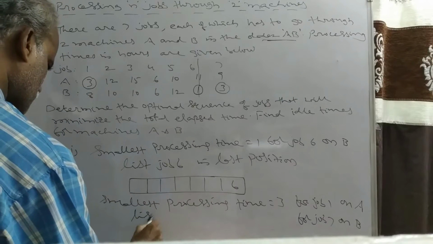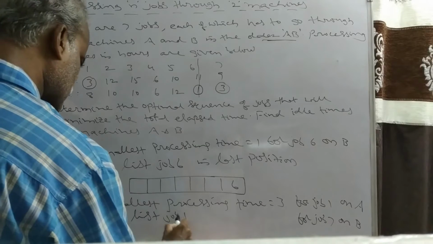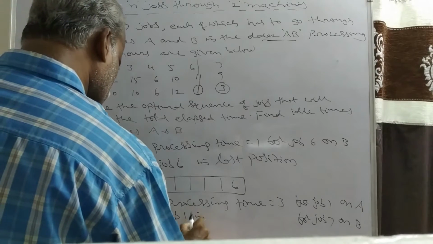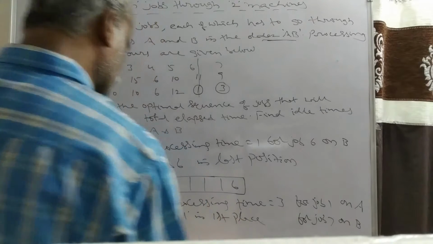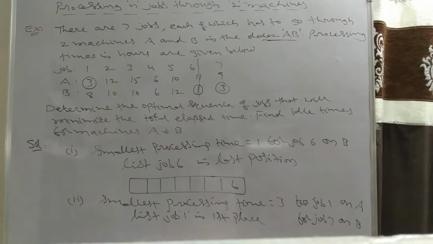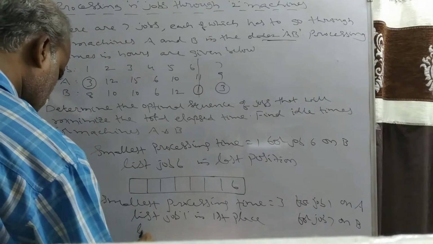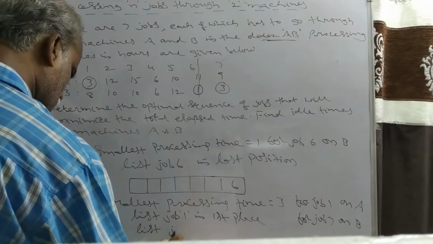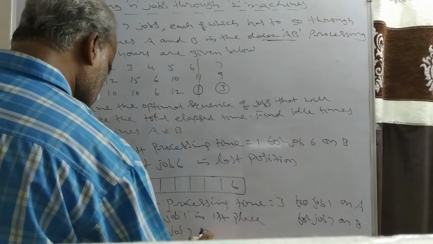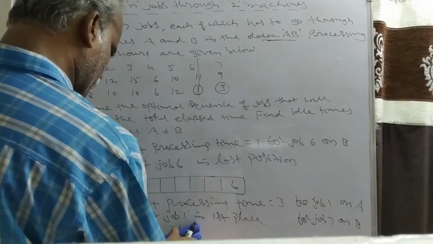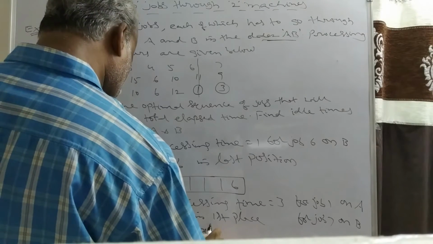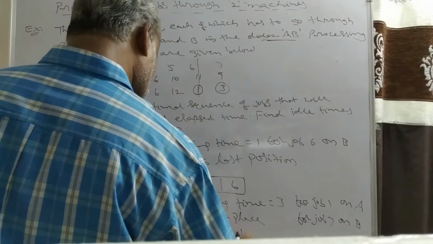Therefore, list job 1 in first place. Next, list job 7 before job 6.